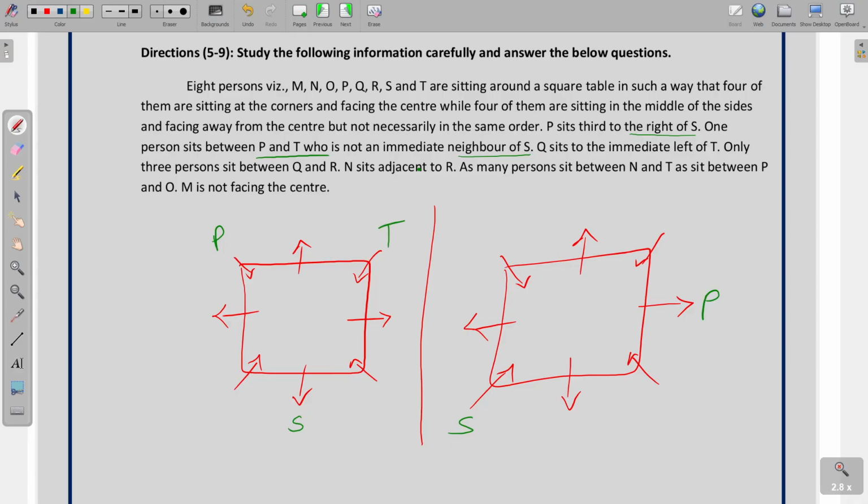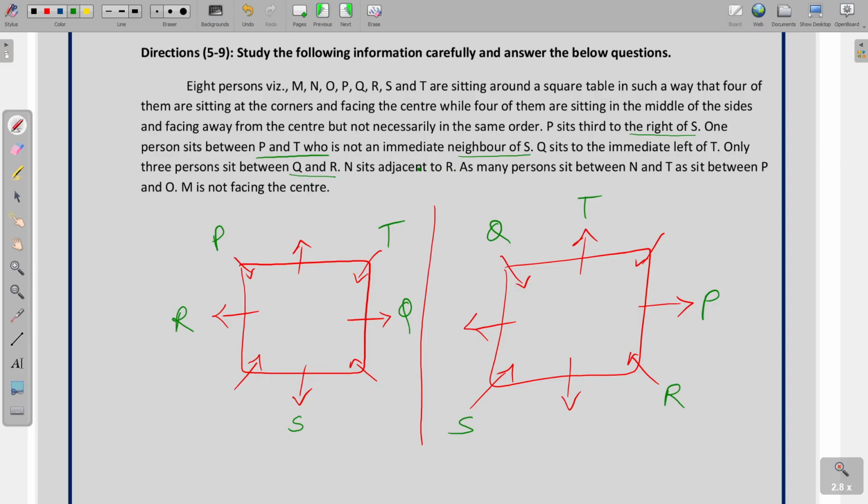So here T is placed. And next, Q sits to the immediate left of T. Only 3 persons sit between Q and R. So between Q and R there are 3 persons.